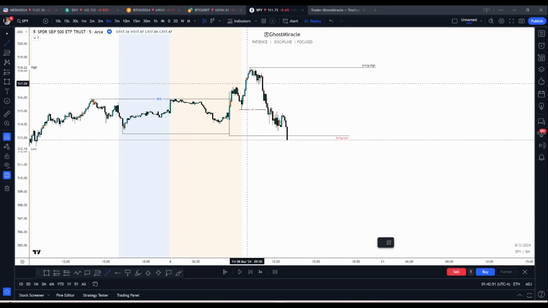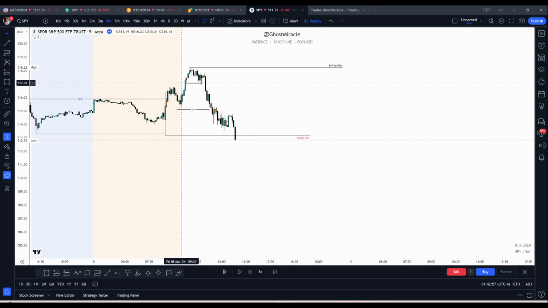And I mean, you can use this as an M5 choke. Technically, it is a pullback.